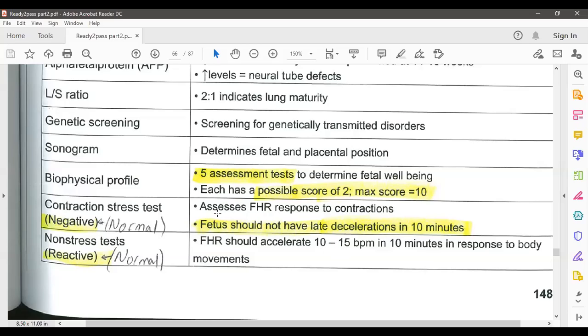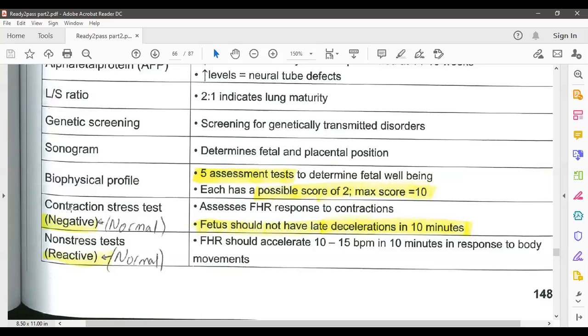So how do we start the contraction? Nipple stimulation or oxytocin.